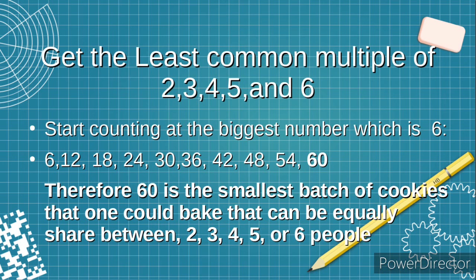So we have 6, 12, 18, 24, 30, 36, 42, 48, 54, 60. And take note that 60 can be divided by 2, 3, 4, 5, or 6. So, therefore, 60 is the smallest batch of cookies that one could bake that can be equally shared between 2, 3, 4, 5, or 6 people.